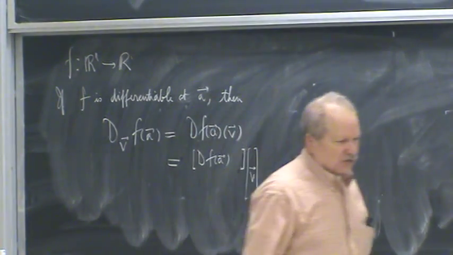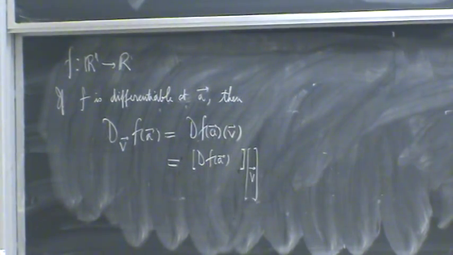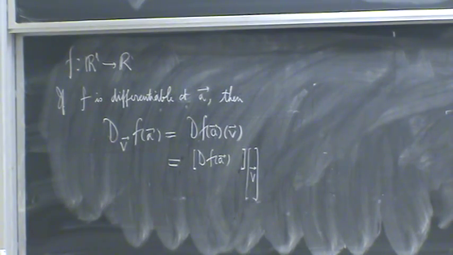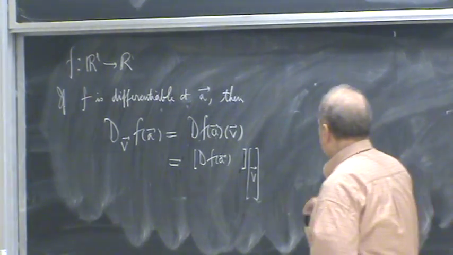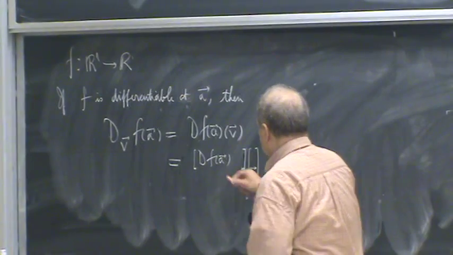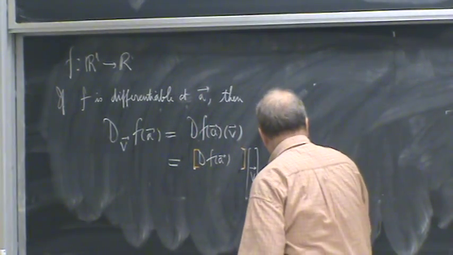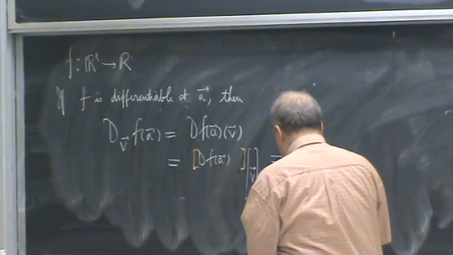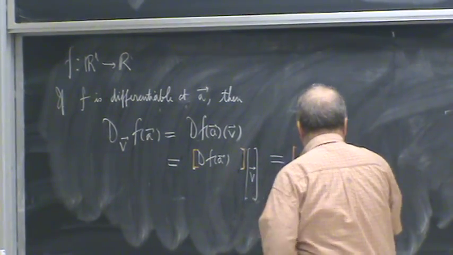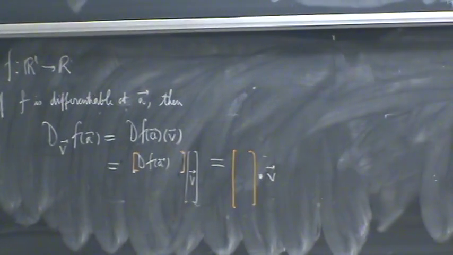Now, we've been saying this pretty much since the third week of the semester or so. We can think of that, of course, as being the dot product. If I take this matrix and I transpose it, then it becomes the dot product of that vector with v.